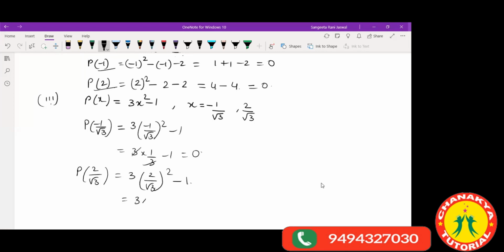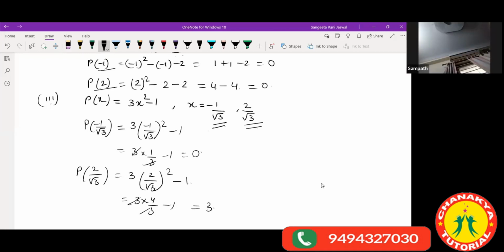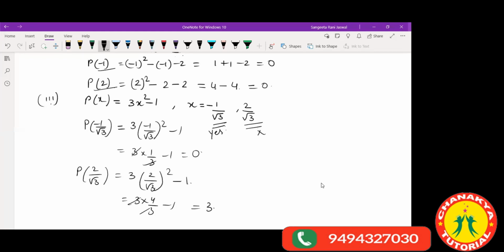So this becomes 3 into 4 by 3 minus 1. So 3 cancels, 4 minus 1 is 3. That means minus 1 by root 3 is the solution of the equation and 2 by root 3 is not a solution of the equation. Okay? So for this you can say, yes, this is a solution and this is not a solution.